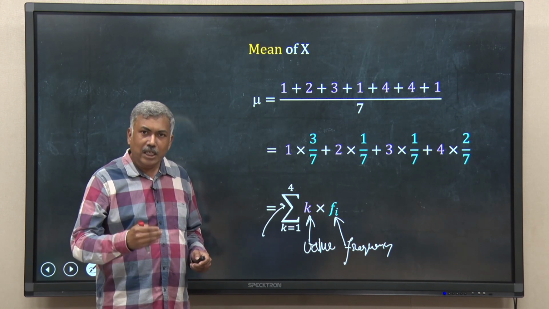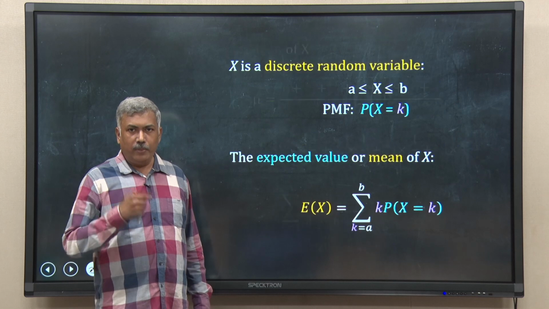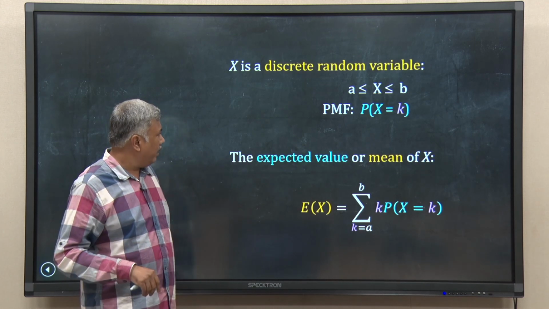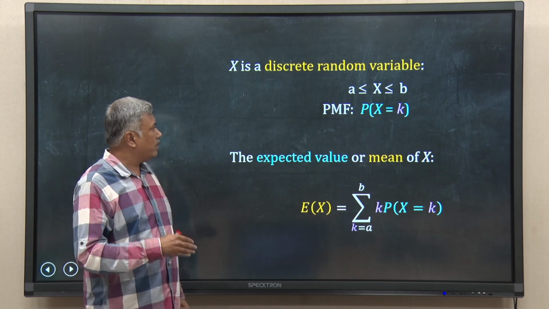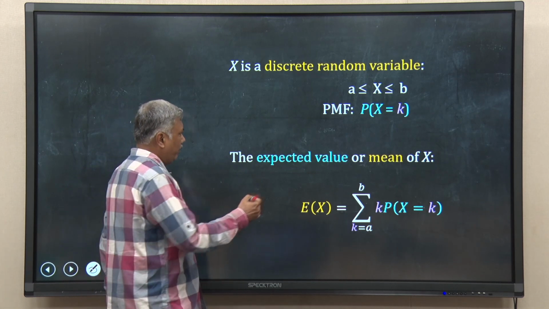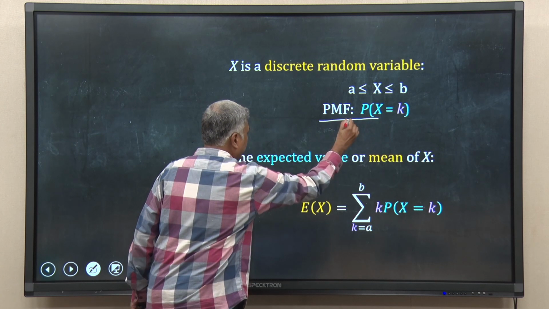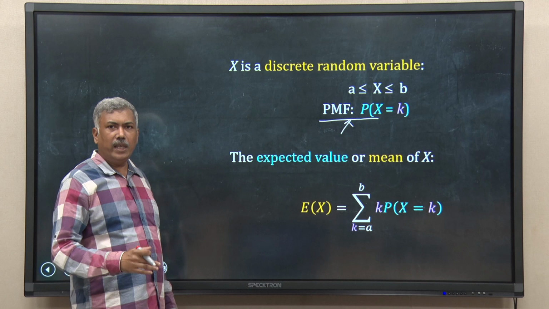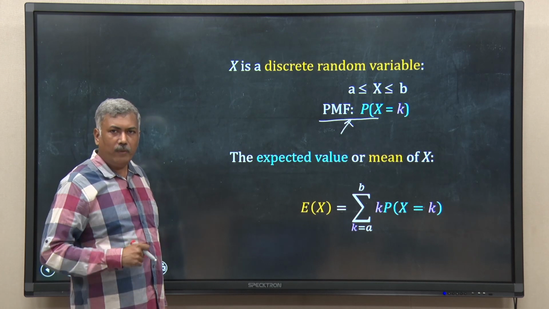So, now let us generalize it. Suppose I have a random variable x, which is discrete and varies from a to b, and I know the PMF, the probability mass function, given here as P(x = k). This is a function, the probability mass function, which gives me the probability of a particular value of x.